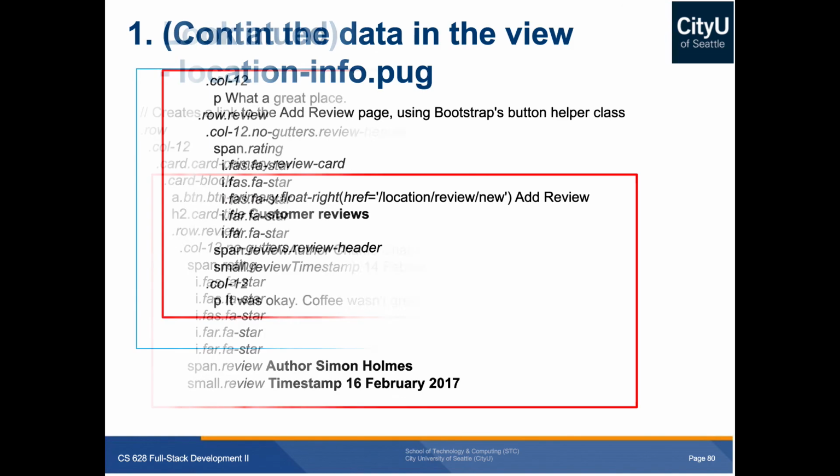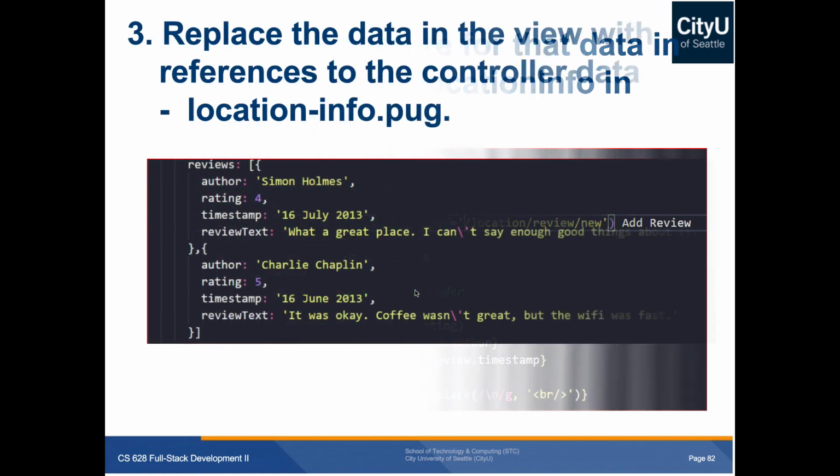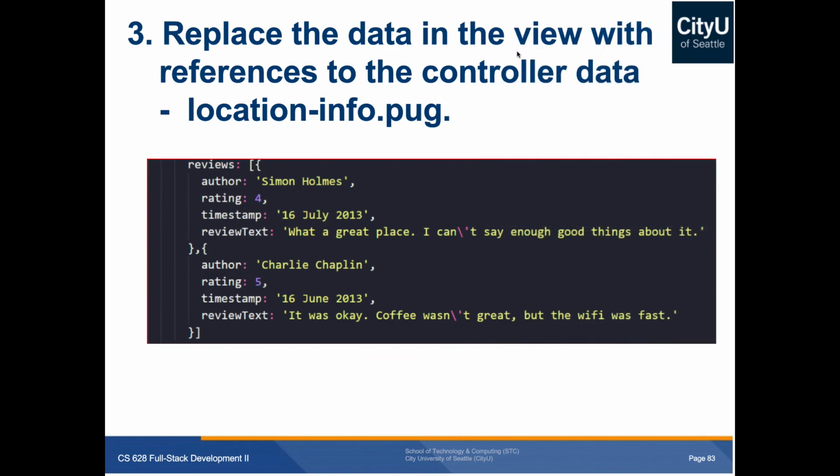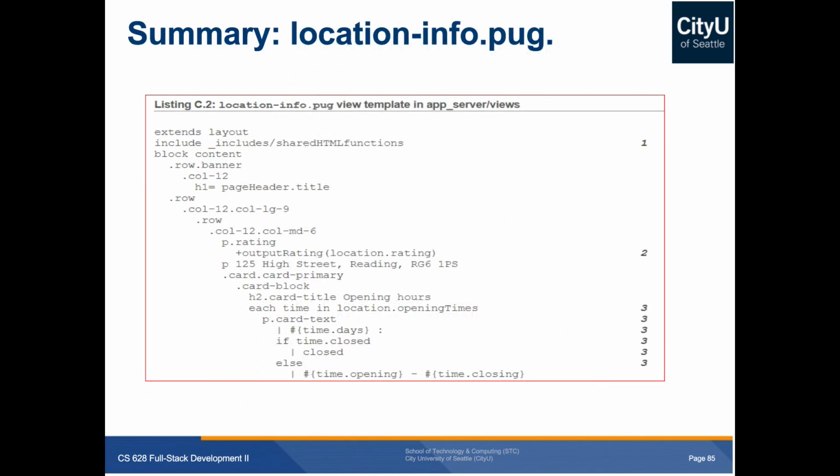And we see stars, and then we can reuse. See, the stars are now here as well. Place the data in the view with reference to the controller data location info pug. So more refactoring, more of the same thing.